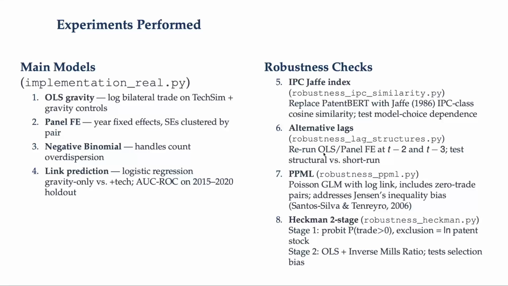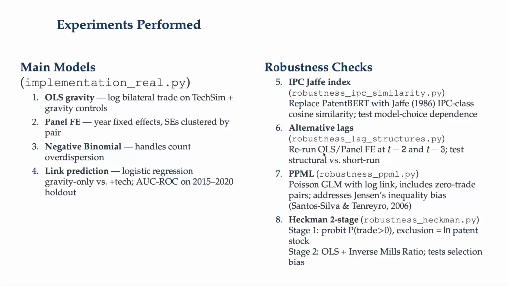As we saw in the previous slide, for link prediction, logistic regression was performed with gravity only, relative to adding technology similarity, and then I checked AUC ROC on 2015 to 2020.